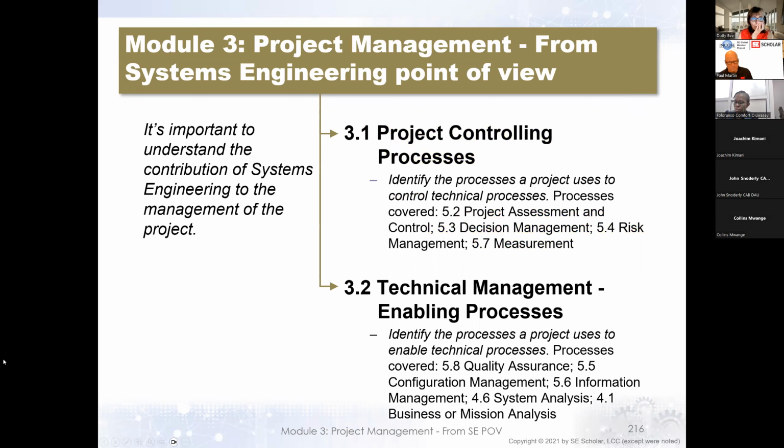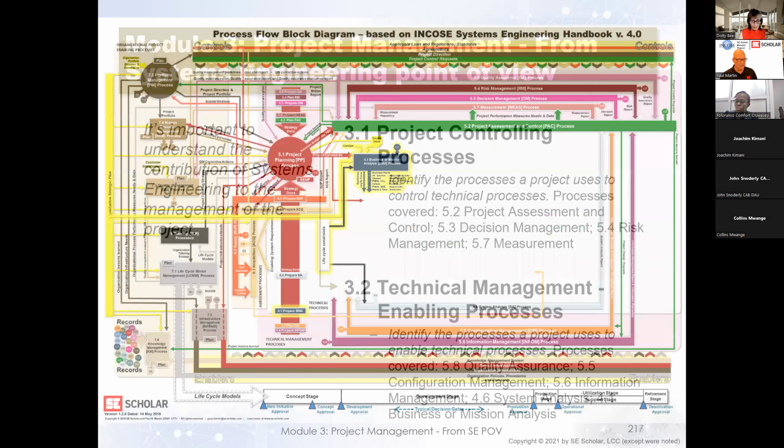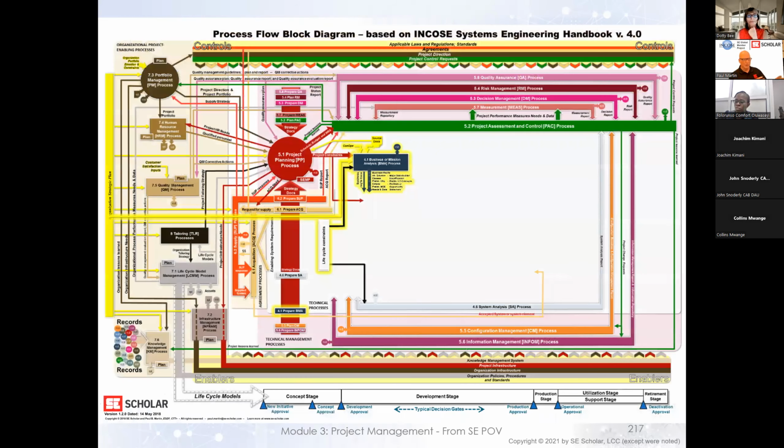All right. So what we should have covered is all the processes from project assessment and control all the way to system analysis and business mission analysis. So at the end, you would have seen this. And remember, I'm teaching from the chart because a lot of people are visual and they can get a sense.